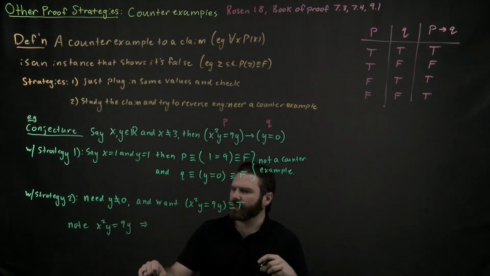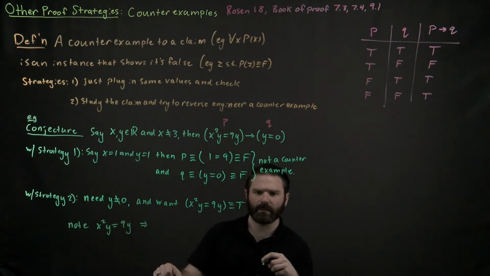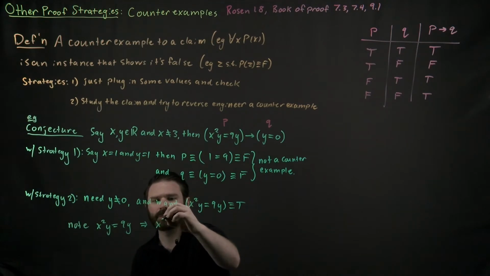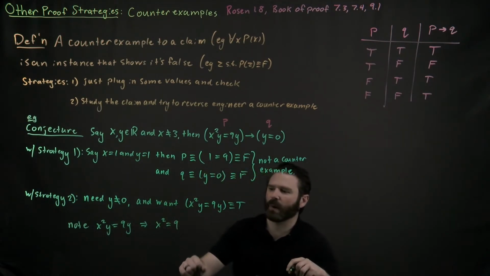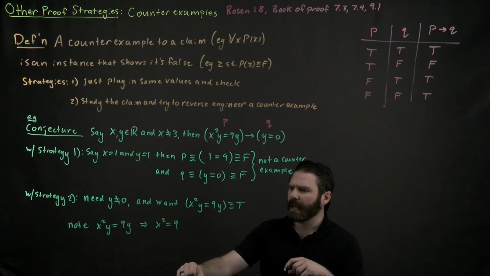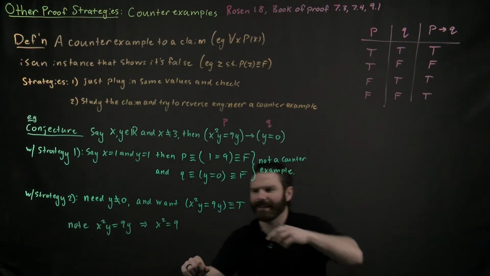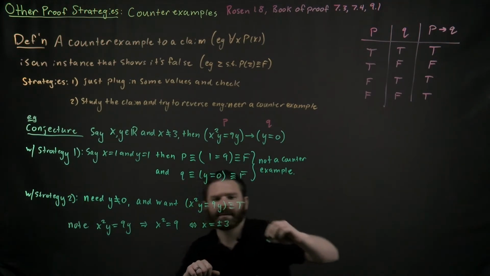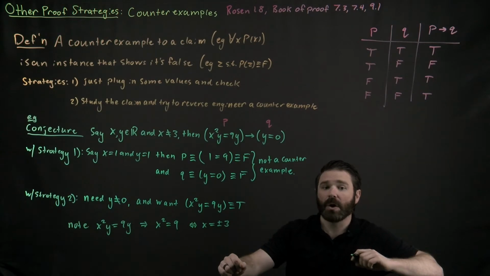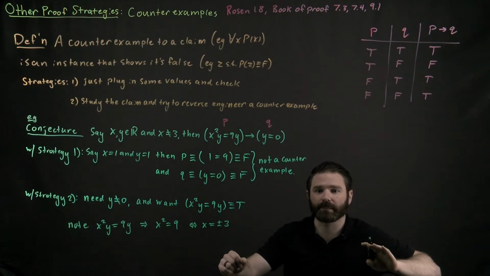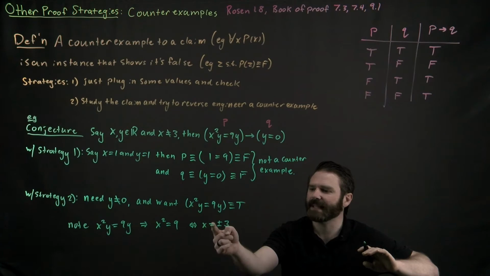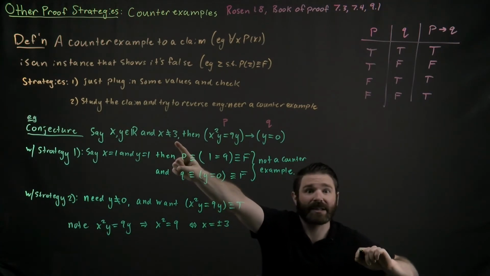So if x squared y equals 9y, I can divide out y on both sides, because y is not 0. And I get x squared equals 9. And if x squared equals 9, well, that means x could be plus or minus 3.